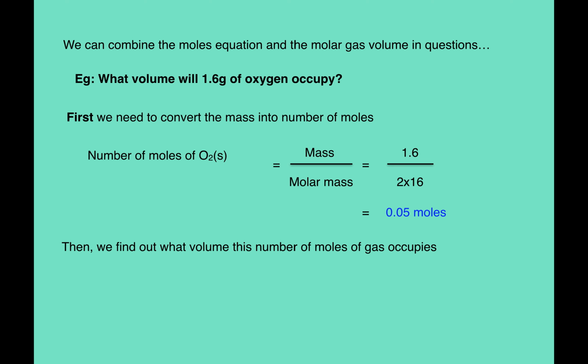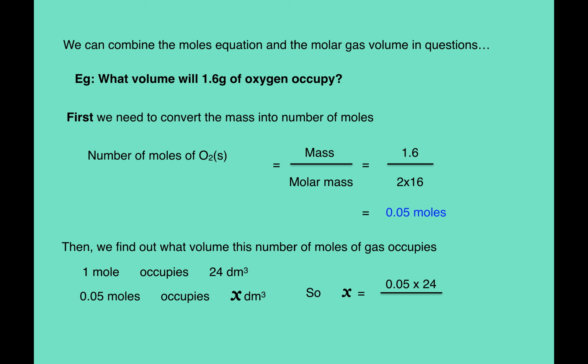Now we've got 0.05 moles, we need to find out what volume this number of moles will occupy. So if 1 mole occupies 24 decimeter cubed, 0.05 moles will occupy x decimeter cubed. Using simple ratios or using your triangle above, you can say x is going to be 0.05 times 24 divided by 1.